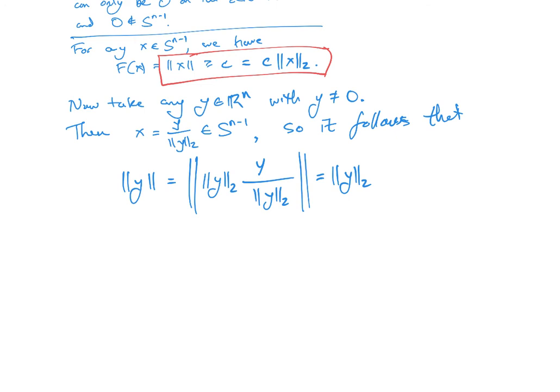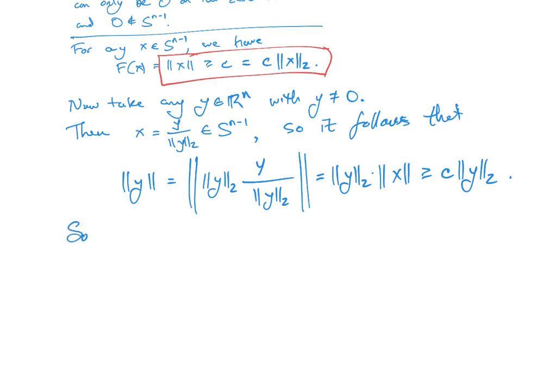We'll leave the x in there. The mystery norm of x is at least c. That's it. We've got a constant c that gives us the other bound.